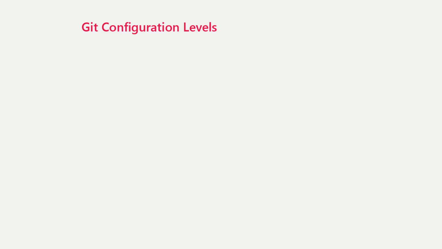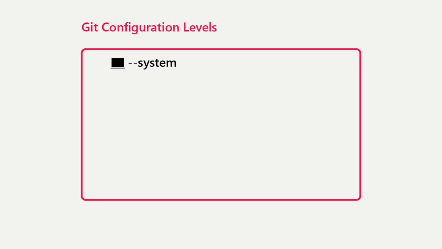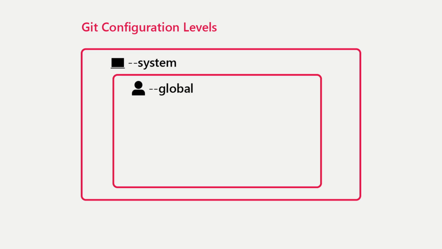Let's configure our Git installation, and for Git configuration we are doing the configuration at 3 different levels, and the first one is system level, which applies to all users on the computer, and the next level is global level, which applies to the current user, so all projects created by that user will inherit those global settings.